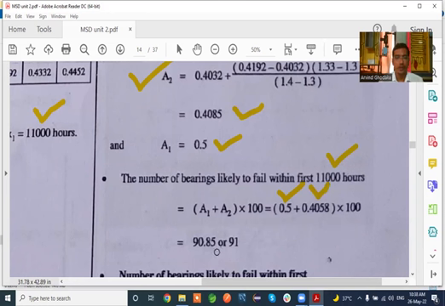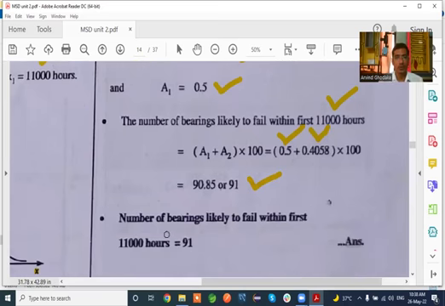You will get 90.85, or about 91, as the number of bearings likely to fail within the first 11,000 hours.